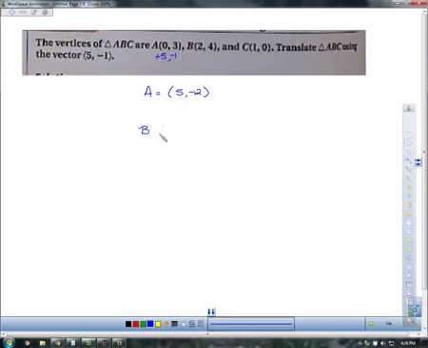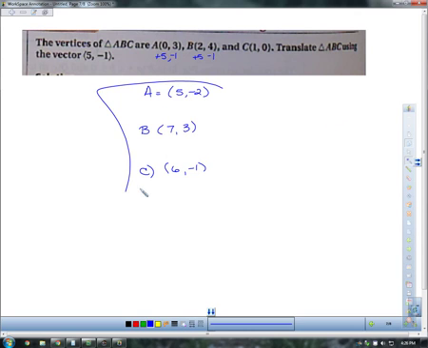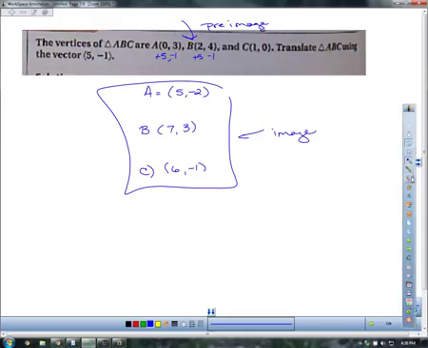B would now be at (7, 3). And C would be at (6, -1). Okay, and you could draw that, but these are the new points. This is your image. These points would be your pre-image. Okay?